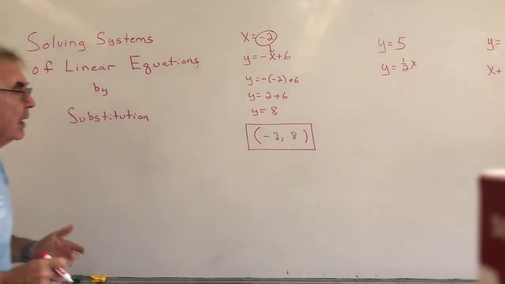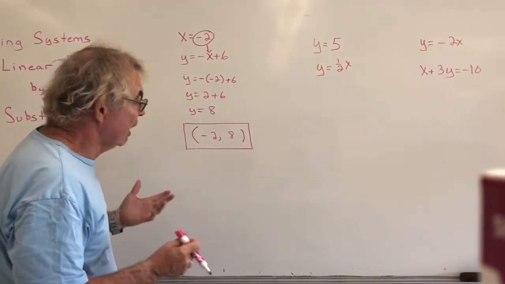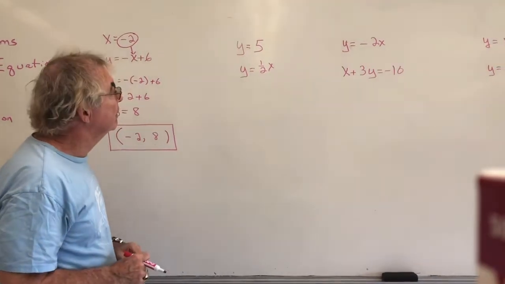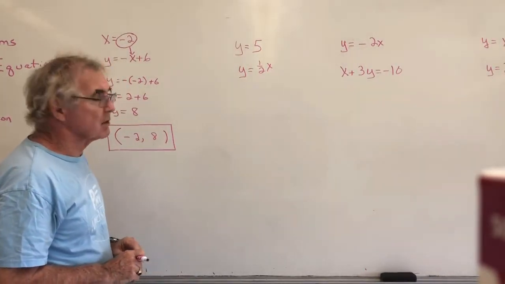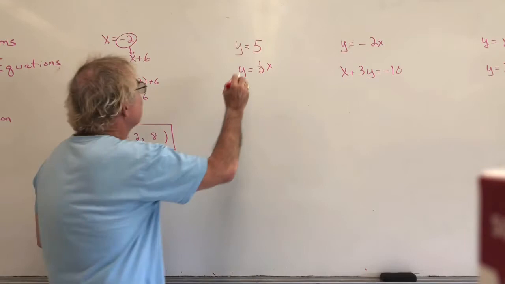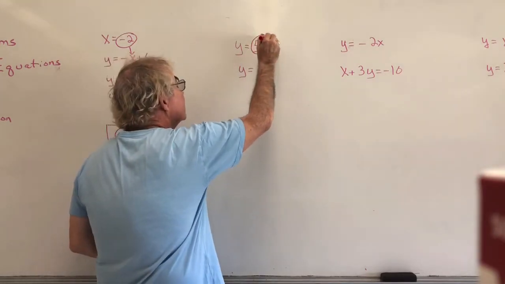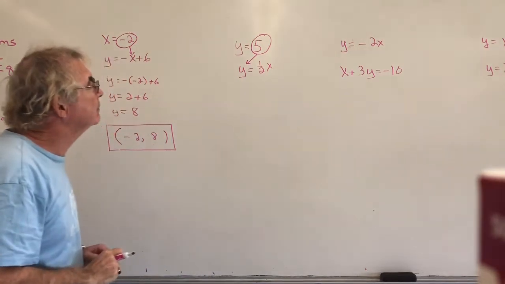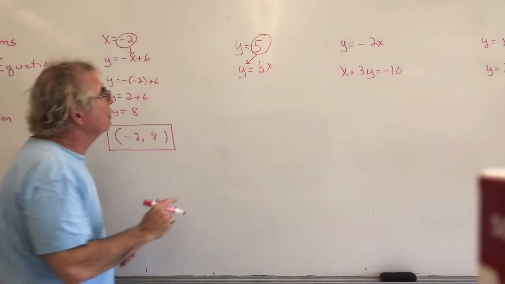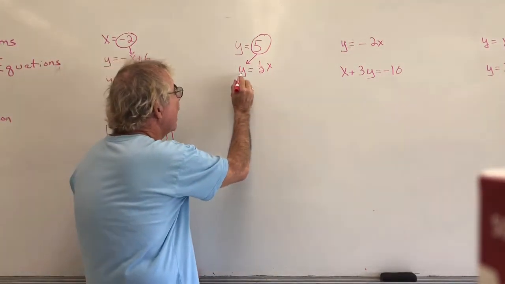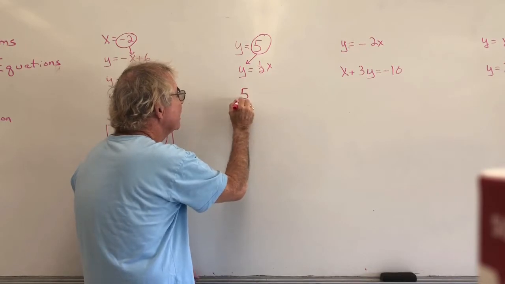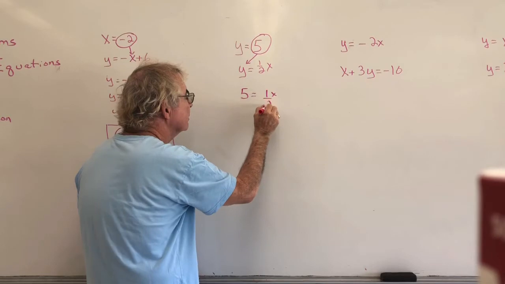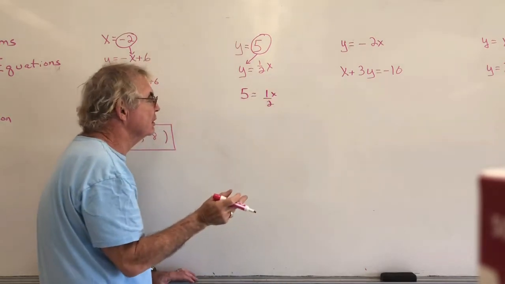Our second example is just using the y. Y is 5. But y is also 1/2 x. So we take that 5 and we put it right there. So we have y, which is now 5, is 1x over 2, or x over 2.